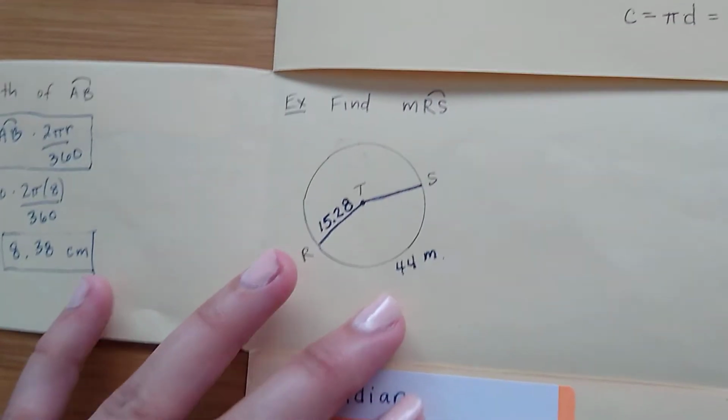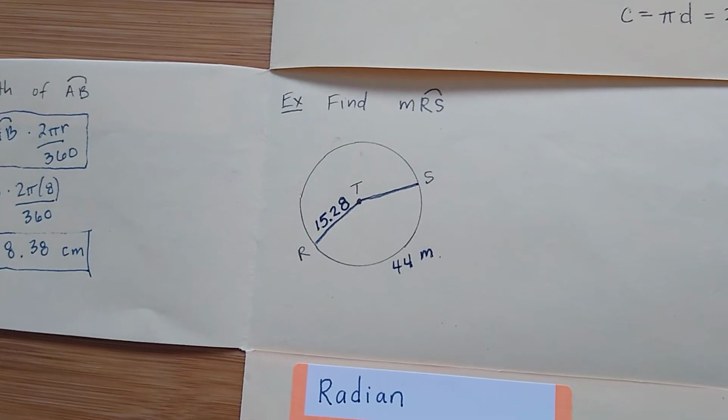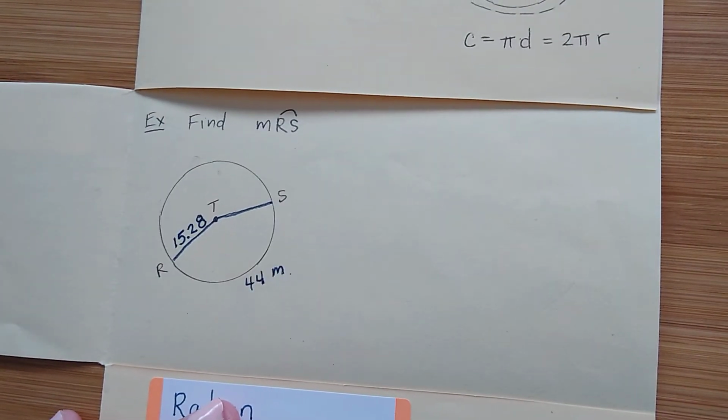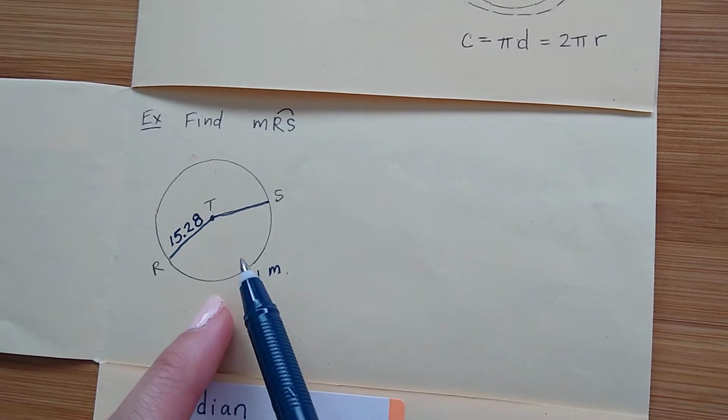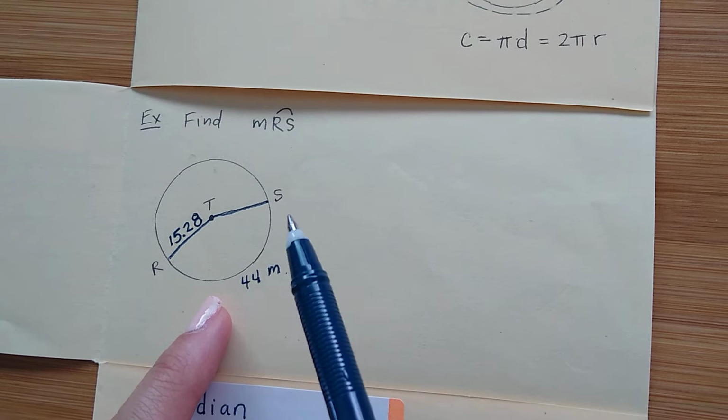Okay, so now let's go to the next one. This one is finding the measurement of the arc RS. So we're going to be doing the same thing.